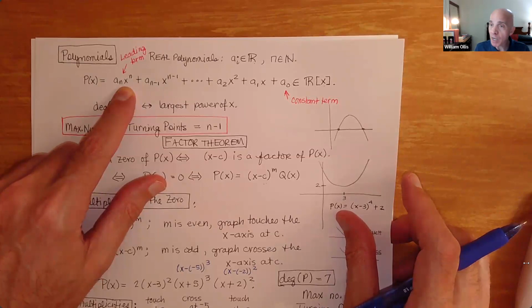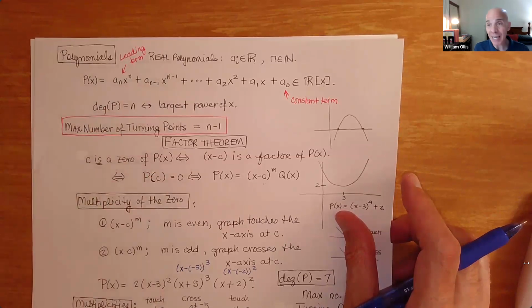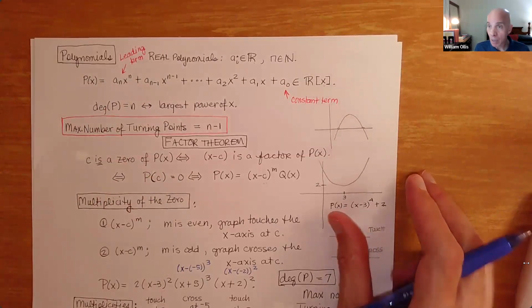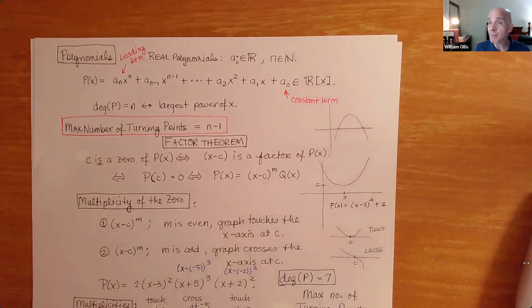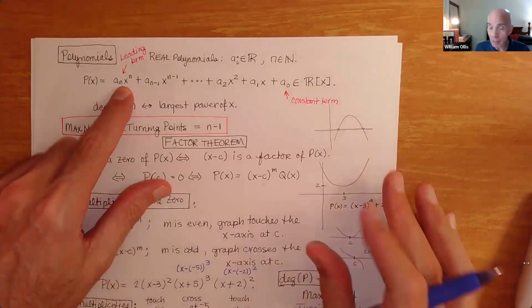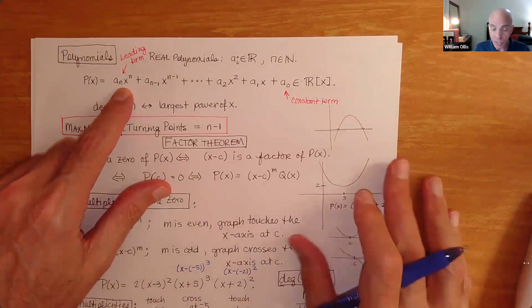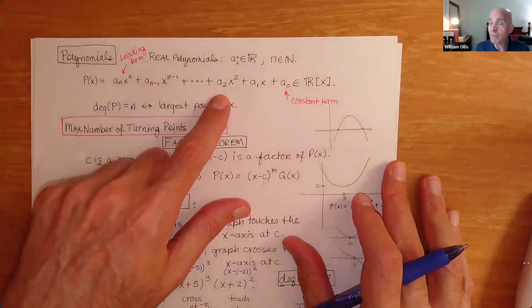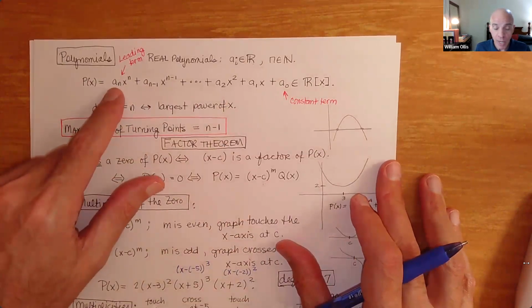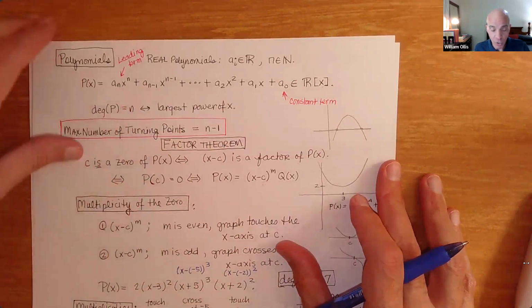So when x becomes large, and this is really a calculus problem about continuity and x passing to infinity, or as we say, limits at infinity, this particular term will dominate because the power is the largest, and the other terms will have a negligible effect. So what we want to do is focus on the leading term.